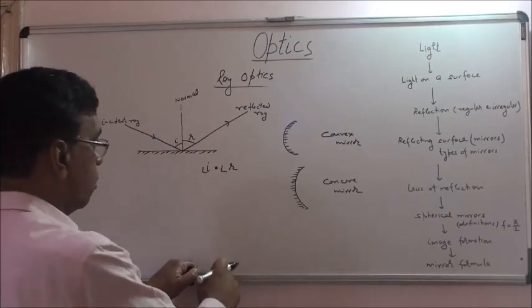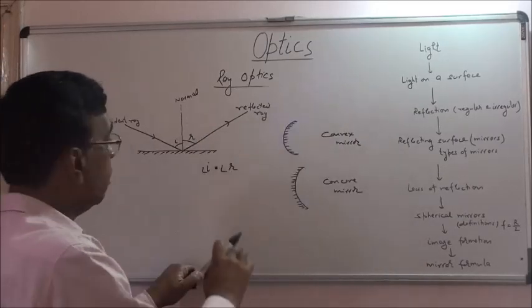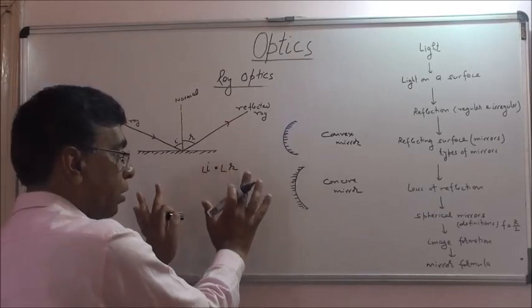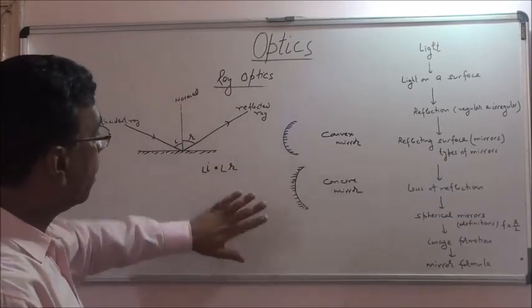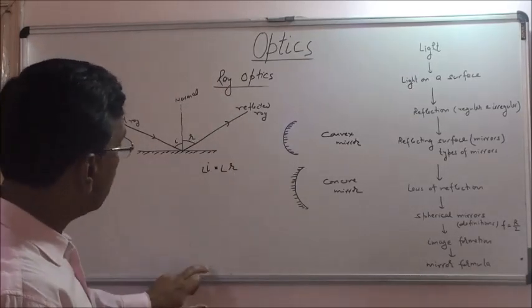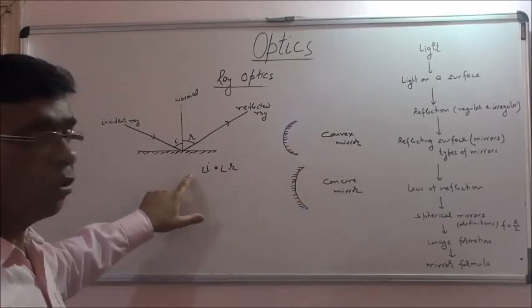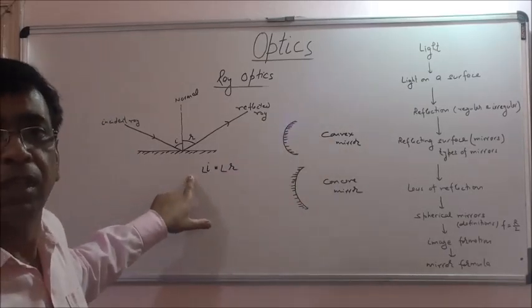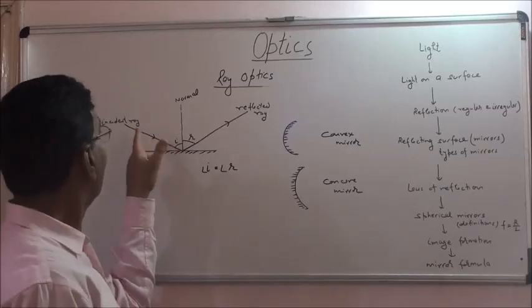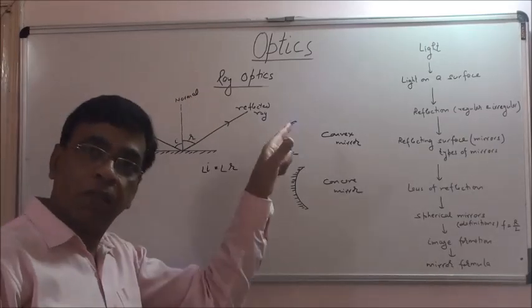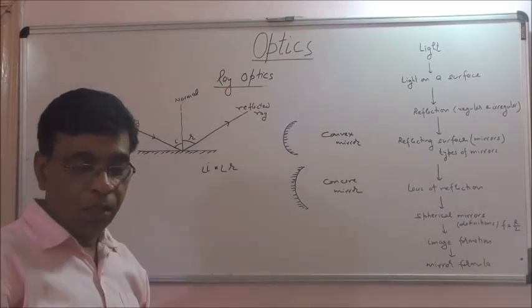It can't be like this or go here. It will be confined to this board only. If I am taking this plane, the incident ray and reflected ray can also be drawn in the same plane. So first law, angle of incidence equals the angle of reflection, and the second one, the incident ray, normal, and the reflected ray all lie in the same plane.